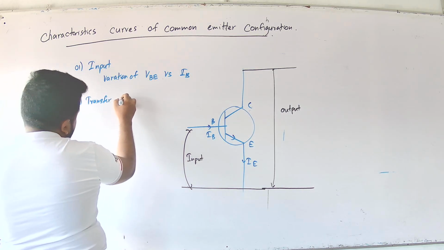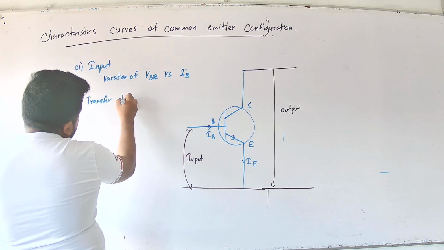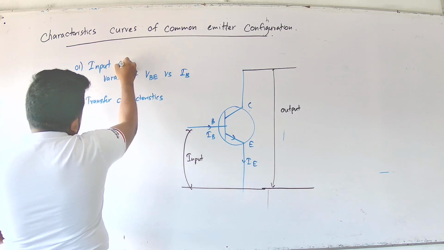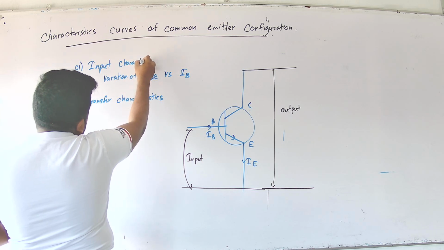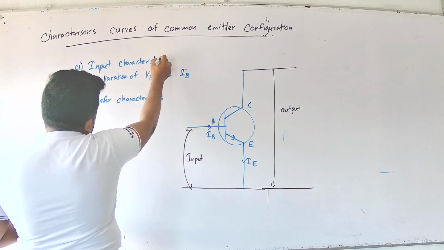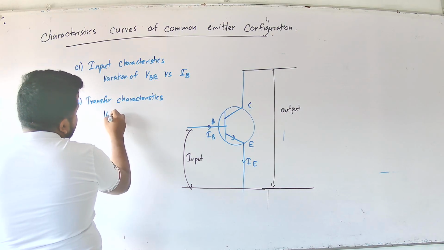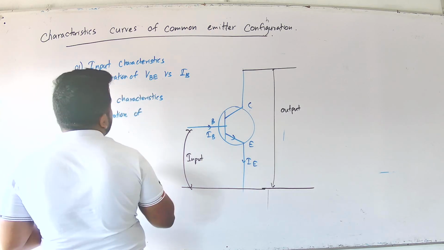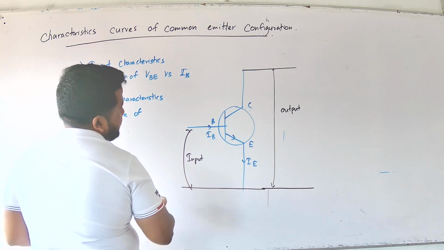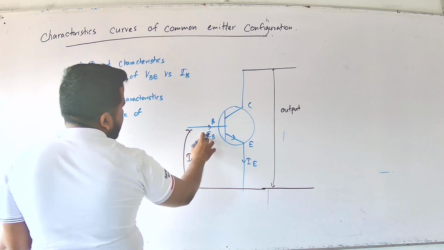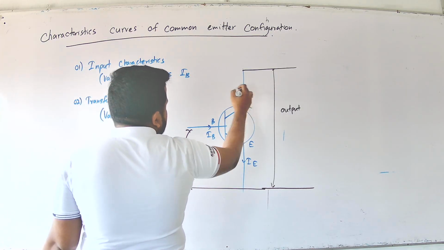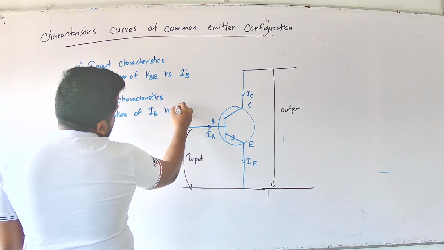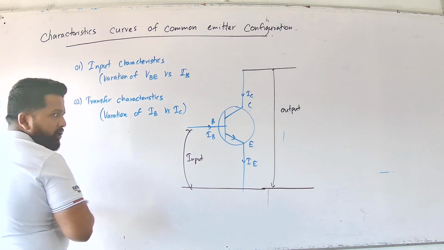Transfer characteristics. This is the variation of IB and IC, IB versus IC. Right?